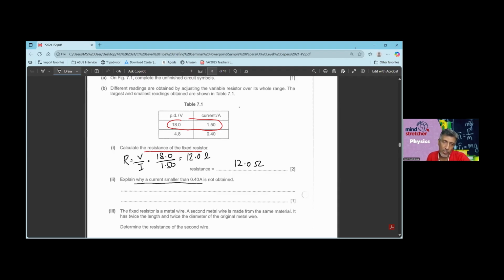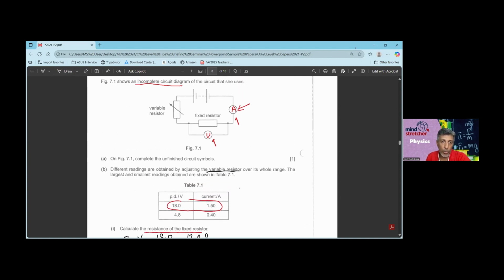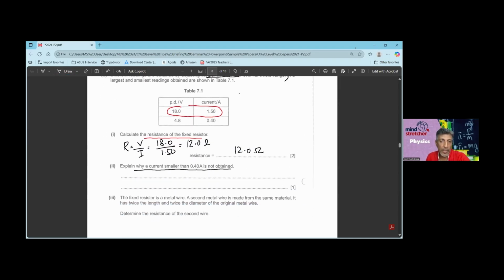Now, explain why a current smaller than 0.4 cannot be obtained. So you see the variable resistor, why you cannot get smaller current than that? The whole idea of the variable resistor is that it varies the current. You're using this to vary the current. And how do you do it? You can say that the variable resistor has a length of resistance wire.